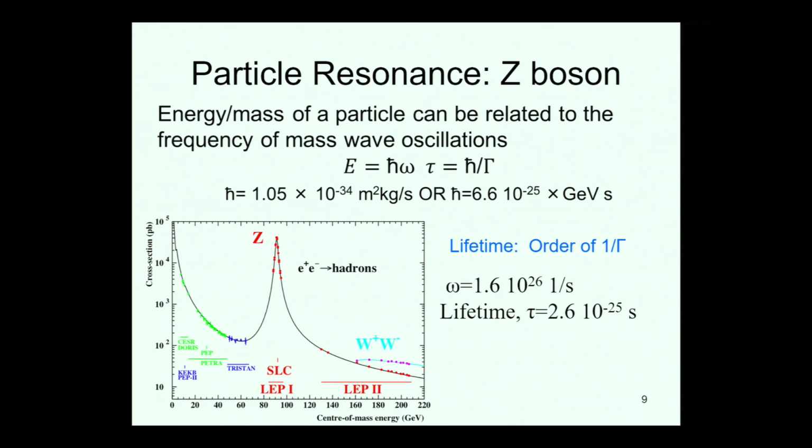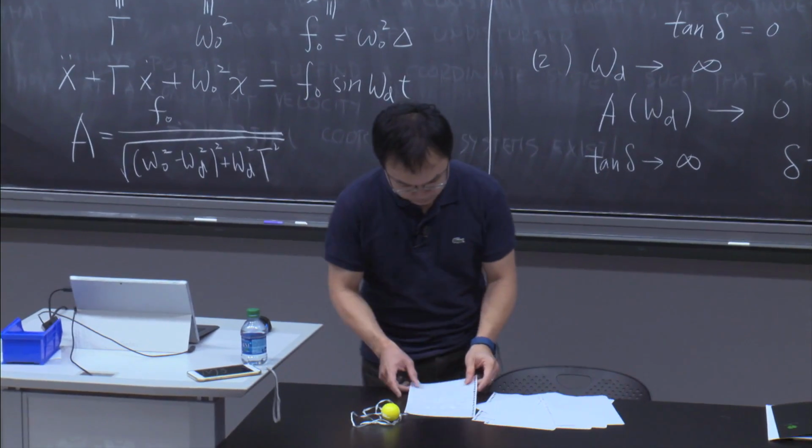If you scatter electron and positron, then you see that the cross-section has a resonance peak at around 90 GeV, okay? And that is another very interesting example of a resonance in particle physics.